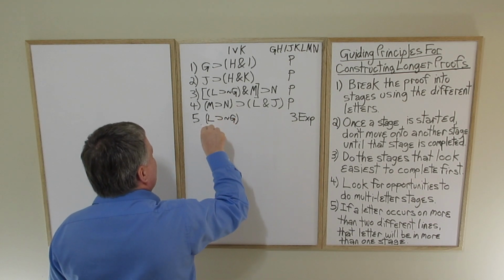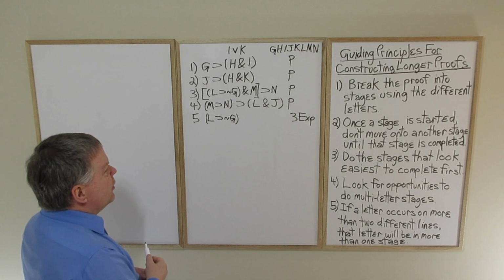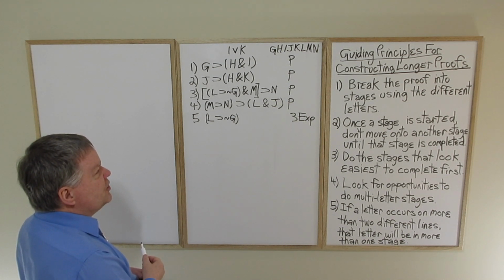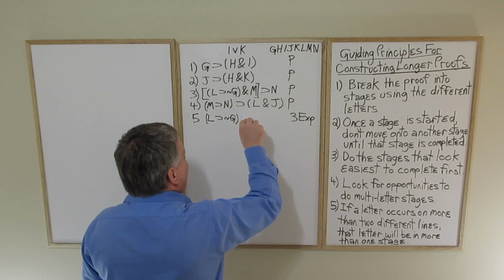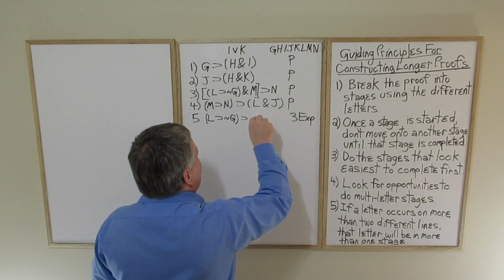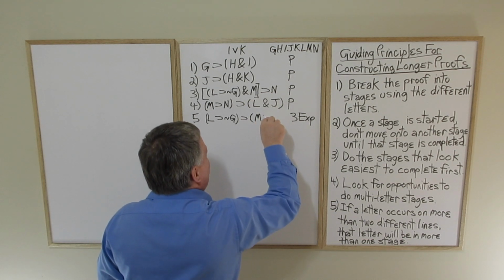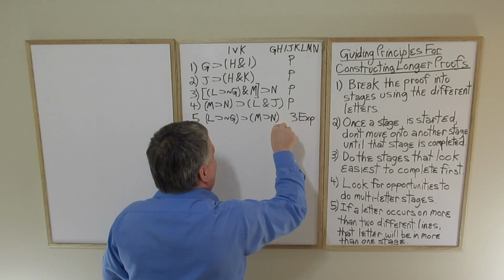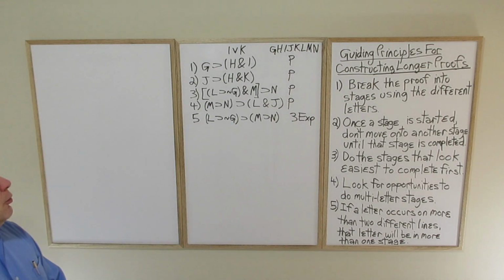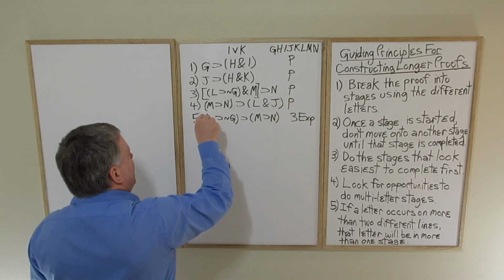So that conditional is one of the conjuncts in the conjunction that's the antecedent of a conditional. The other conjunct, M, goes into the consequent, so that we end up with the following conditional by doing an exportation on line 3.